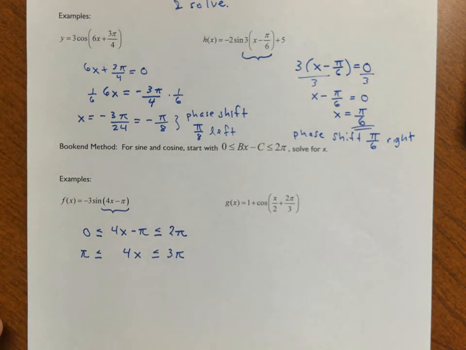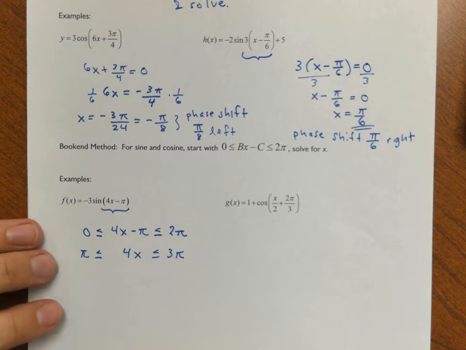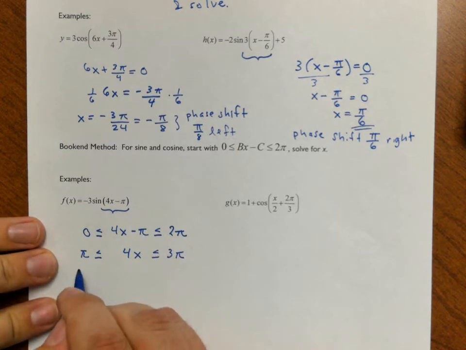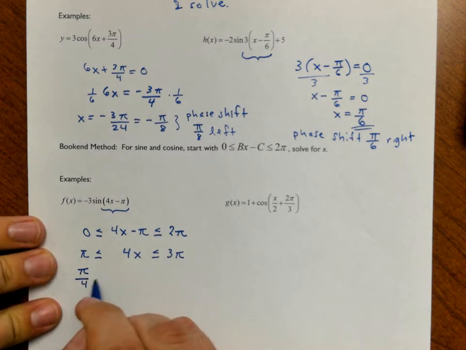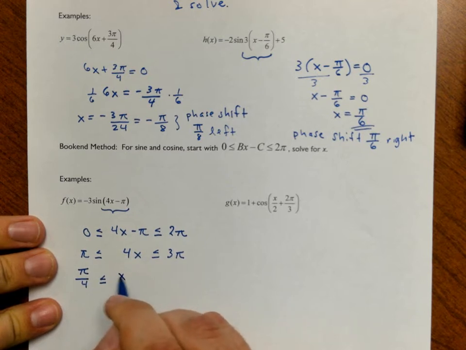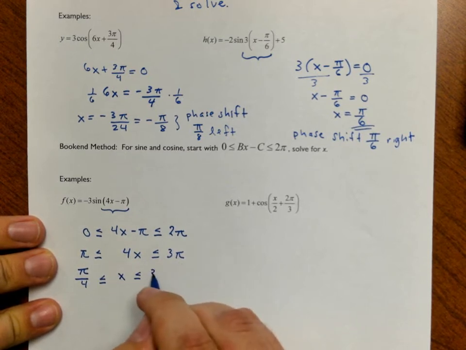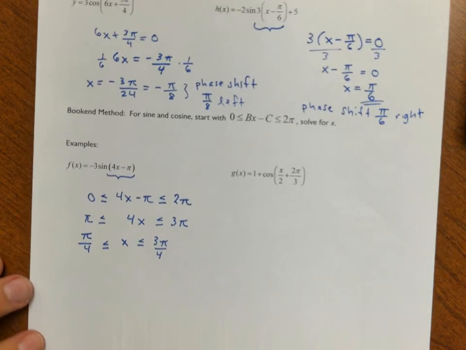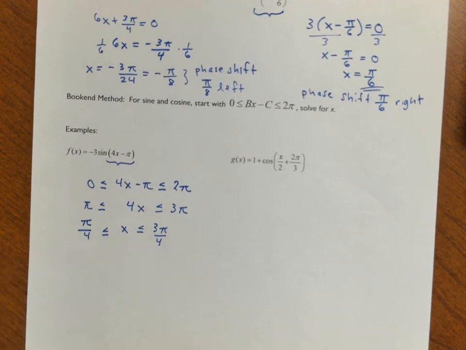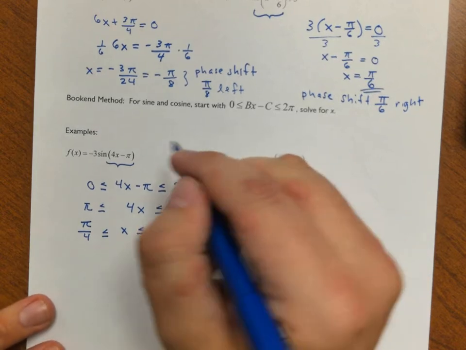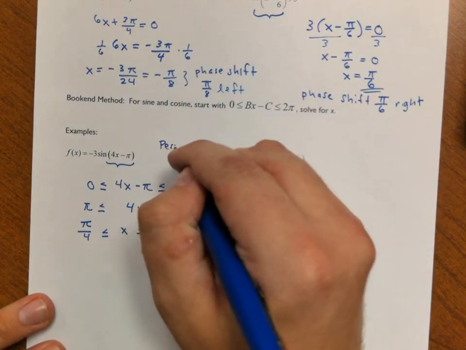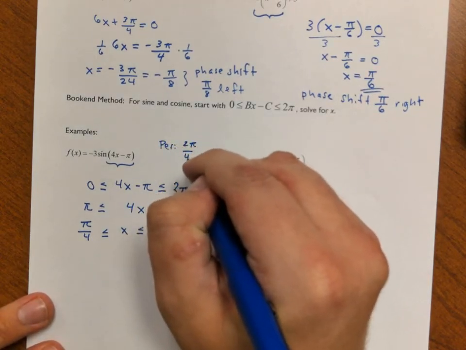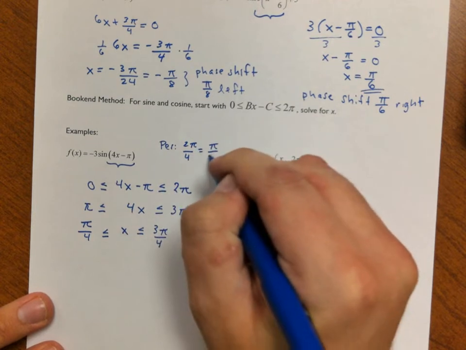My next step in solving should be to divide by 4. If I divide by 4, I will get pi over 4, I will get x, and I will get 3 pi over 4. Now the reason this is useful, even though we can find the period directly, the period, for example, here is 2 pi over 4, or pi over 2.